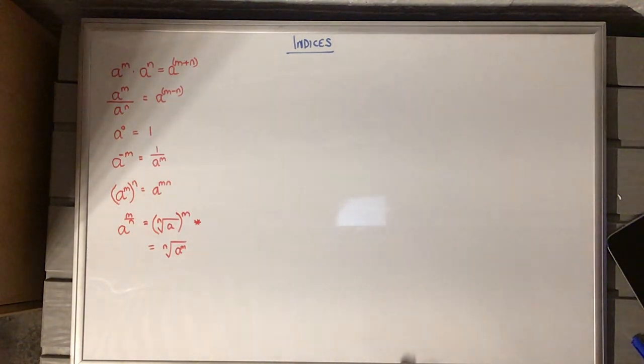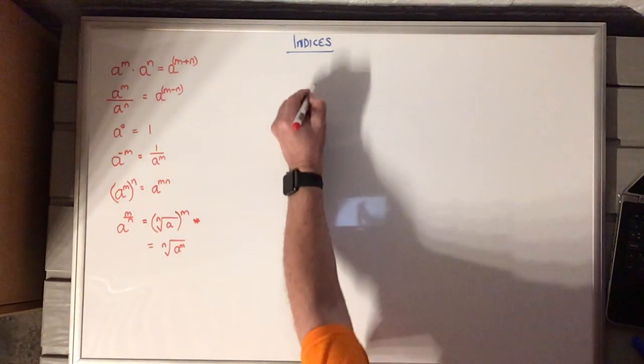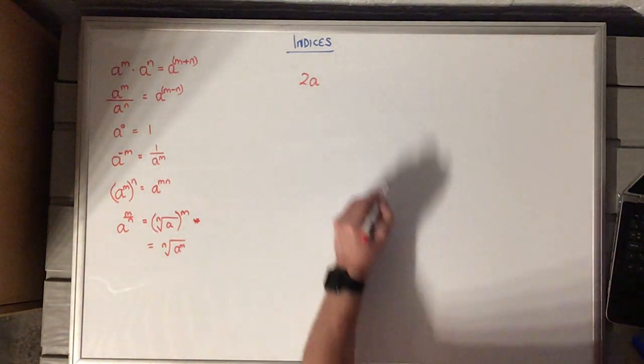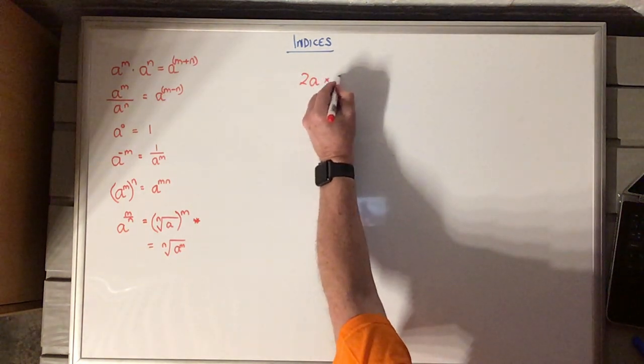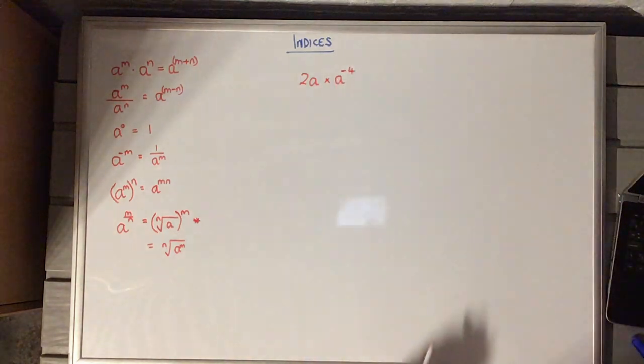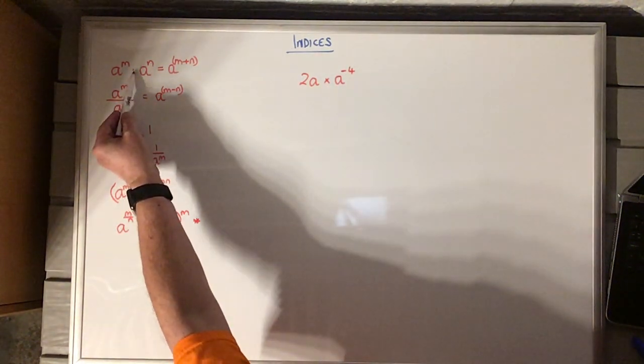to questions at National 5. So the first one to do, we'll start off nice and simple: 2a times a to the power minus 4, or negative 4. Now the wee dot I put up in my rules there, that means times.